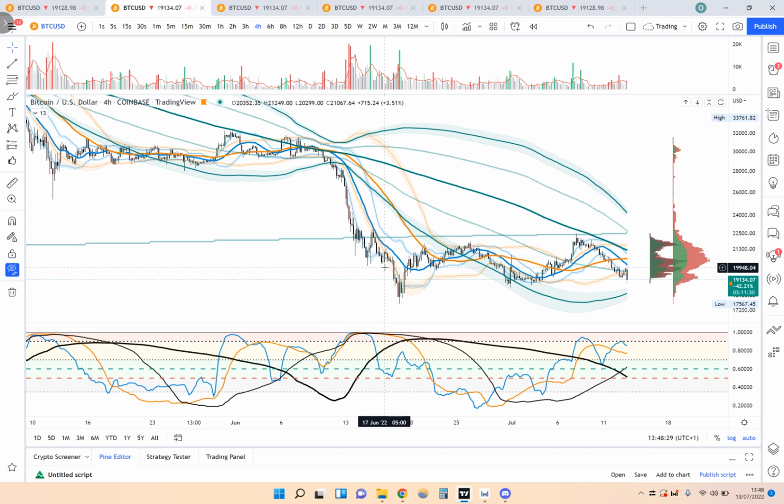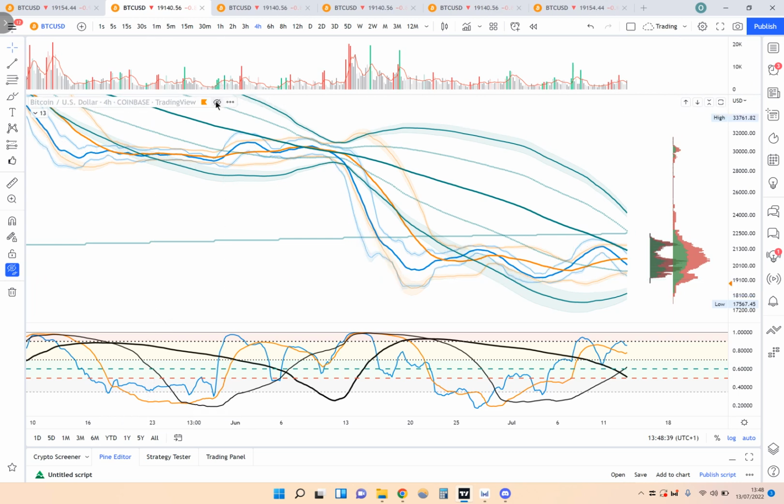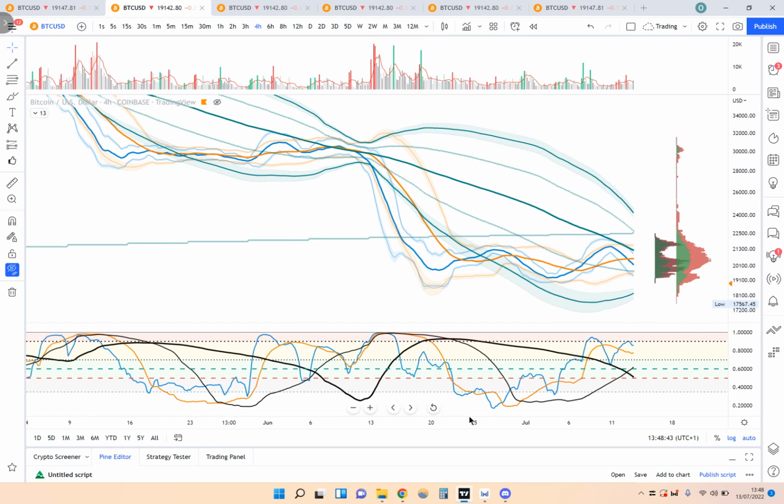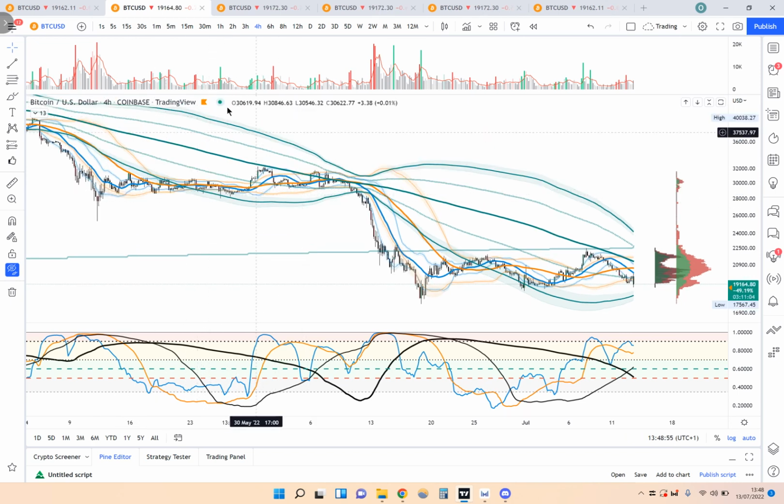So it's about the interplay of data sets, the interplay of the data between different data sets, and it can even be shown and quantified even without price at all, which I sometimes do to get an unbiased view of where the data is. So you can see here that when the shorter term data sets started to compress and move within the longer term data sets, that was when we got this period of consolidation.